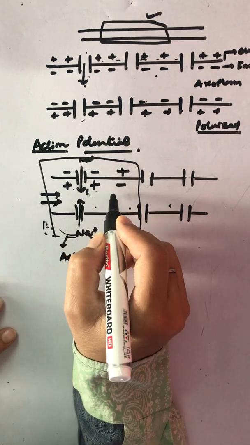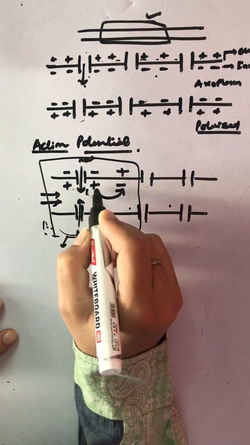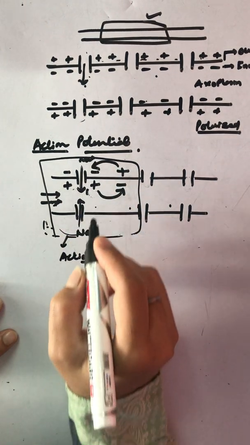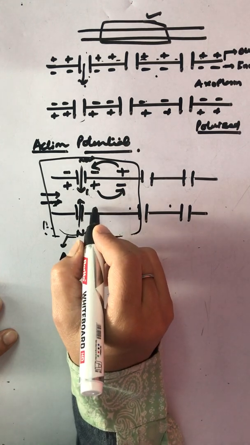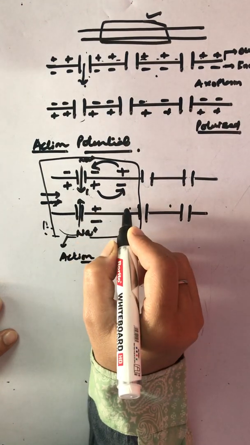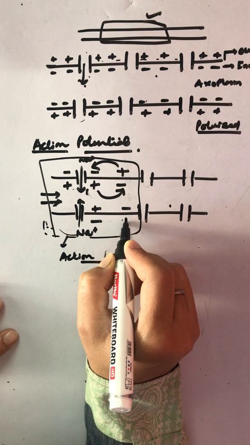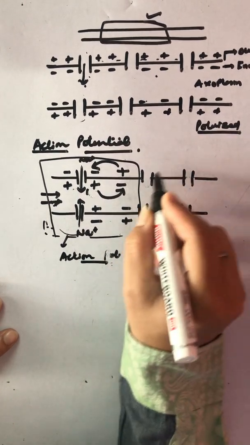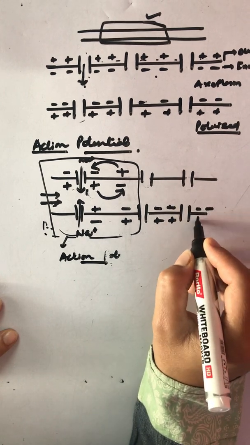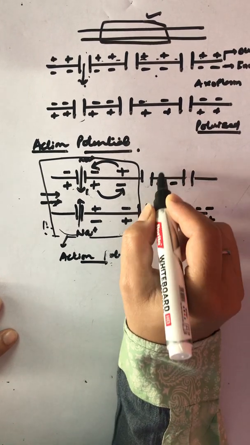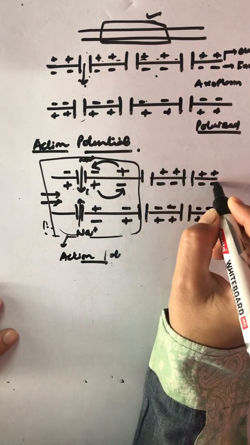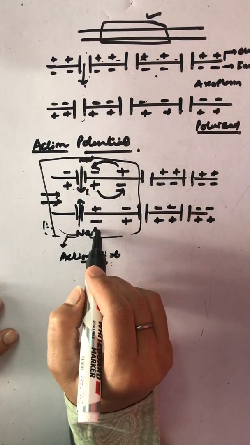Now this will be moving like this. This polarity is reversing like this. Clear? The same is happening here, this one and this one. The inner one, this one, is still in a state of polarization, so it will show the same phenomenon: outer is positive, inner is negative, but this one got depolarized.